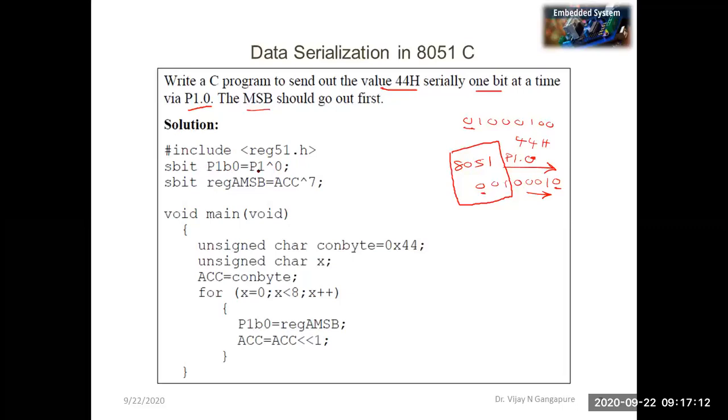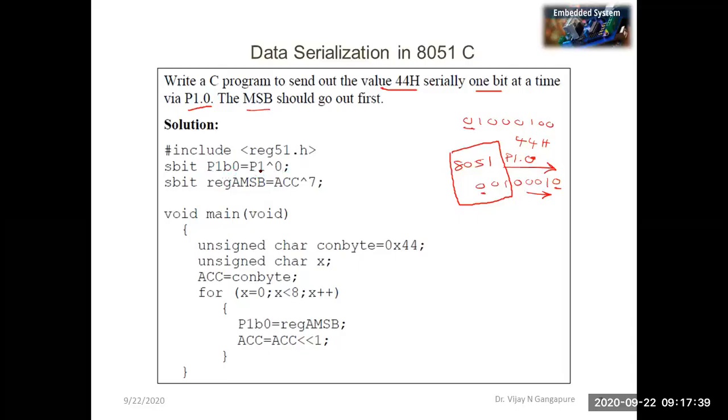This will declare P1B0 as P1^0, means P1B0 will now represent pin number 0 of port 1. Actually this statement is assigning the address of pin 0 of port 1 to this variable P1B0, so that in the remaining program, instead of using P1^0, I can use the P1B0 symbol to represent pin number 0 of port 1.